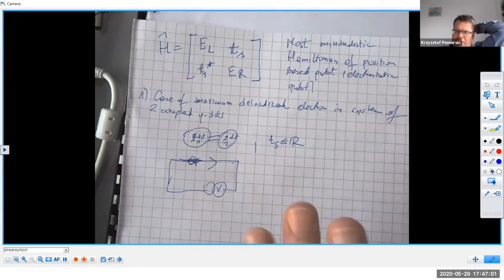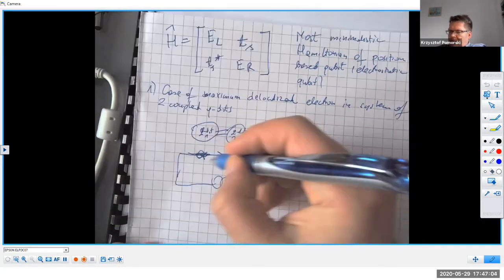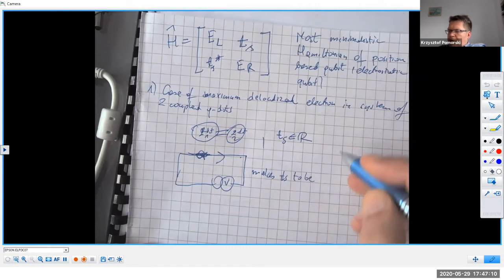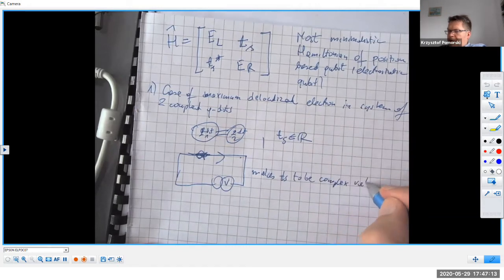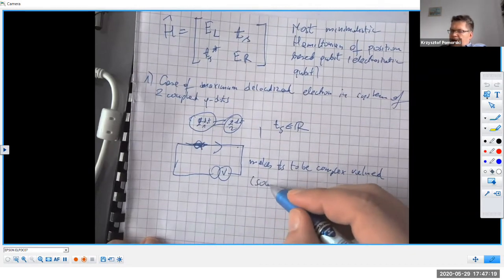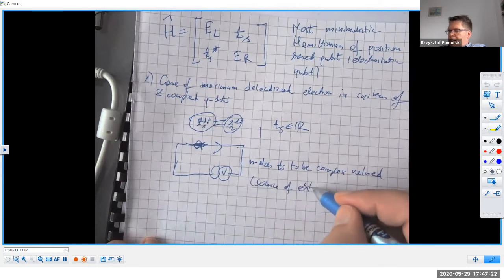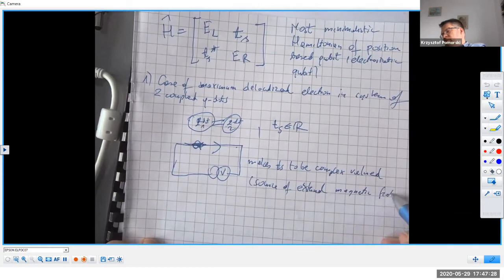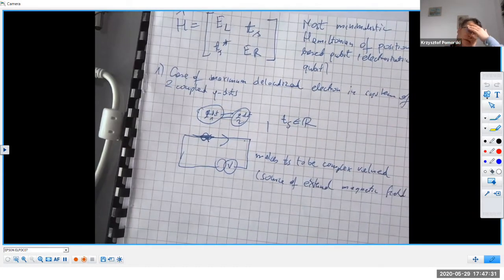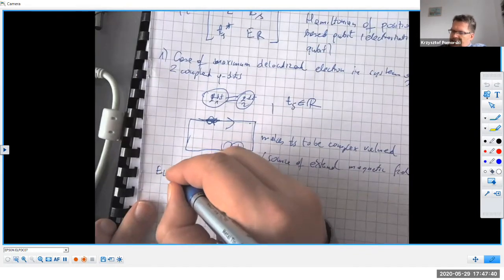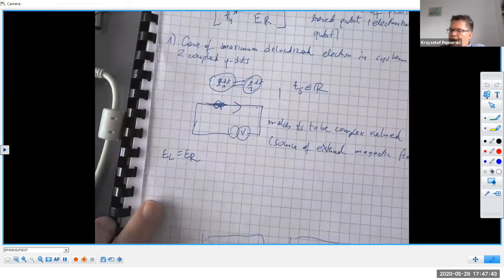But let us first consider TS to be real. This is the source of an external magnetic field; more exactly, the source of an external vector potential. If we have a symmetric system, we can set the on-site energy AP.